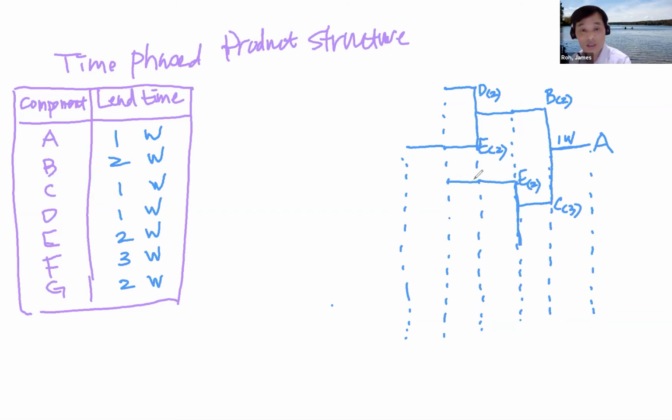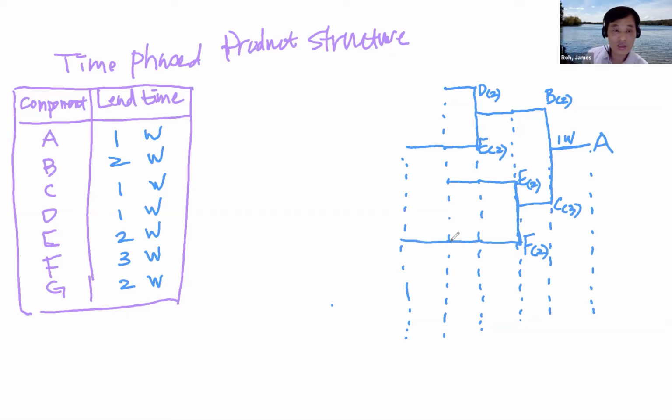And then we learned we have F, and 2 units of that are needed here. F takes 3 weeks. If you look at the lead time, you see it's 3 weeks. So I'm going to draw 3 lines, 1, 2, and 3. And we are not done yet.